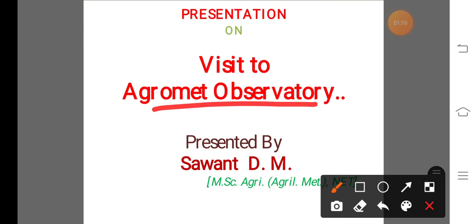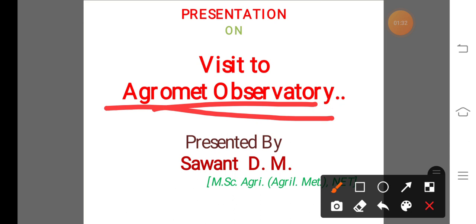Also we discuss different instruments which are used for recording different climatic or weather elements. In that we discuss instrumental and non-instrumental observation.